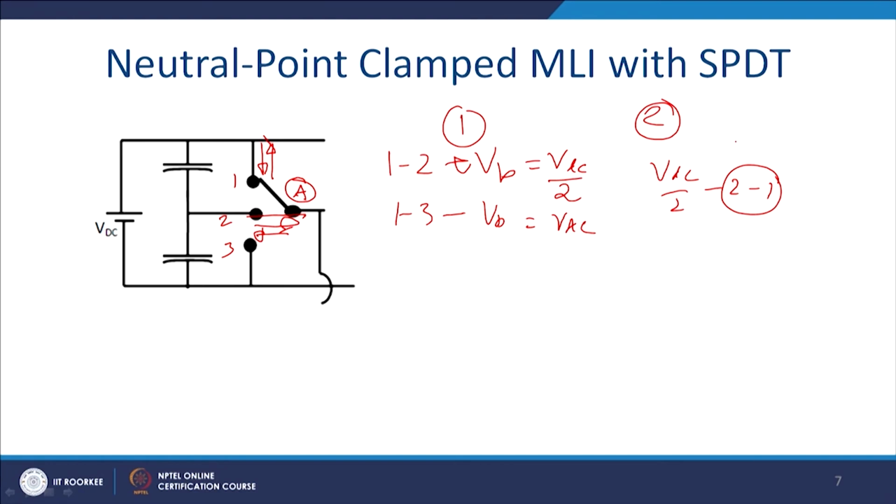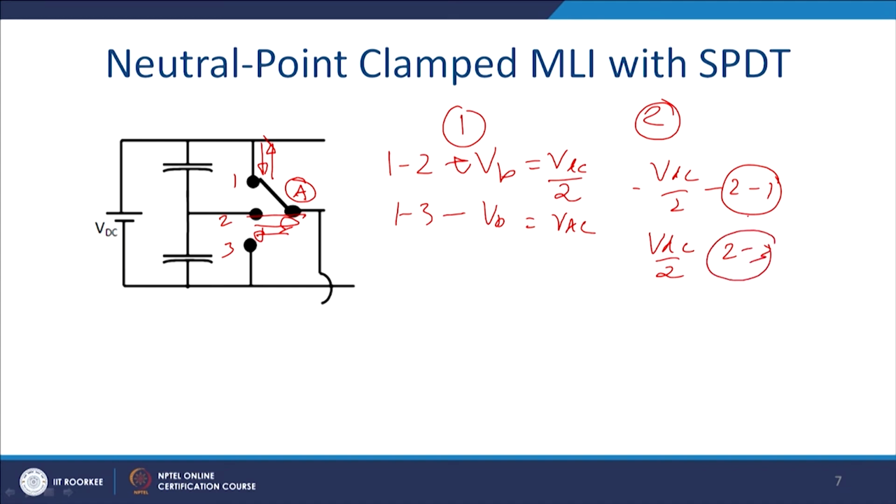There is a minus sign involved, and it is required to block a voltage of minus VDC, and in the same way VDC by 2 between 2 and 3. This is the condition.